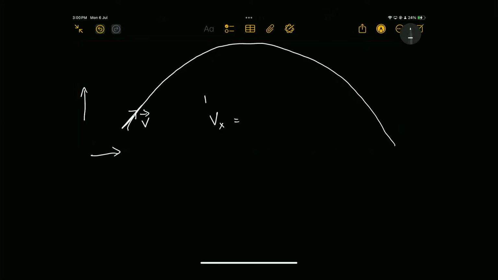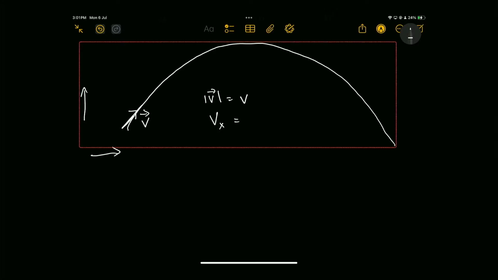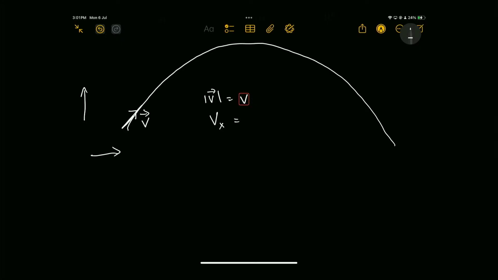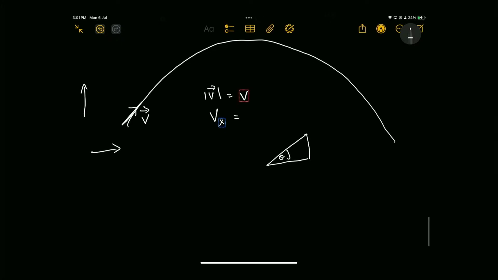Let's say the magnitude is equal to just v, right? Recall we could have drawn this triangle with this angle here. This is Vx and this is Vy, if this is V. So knowing this, how do we determine the x component of the velocity?